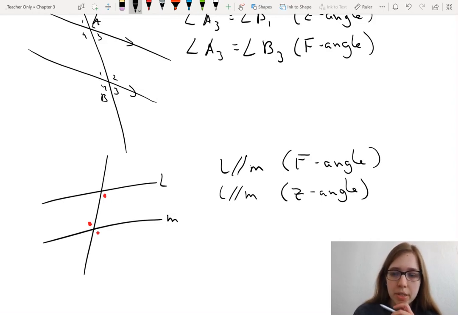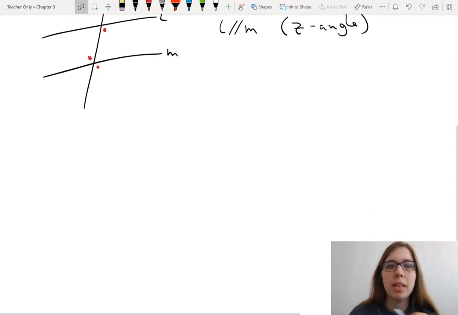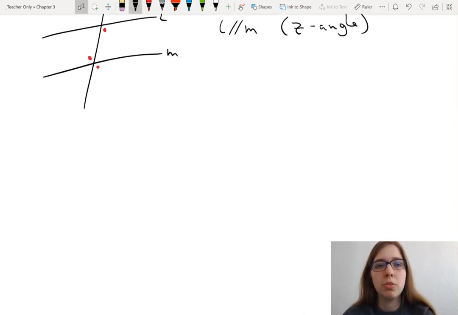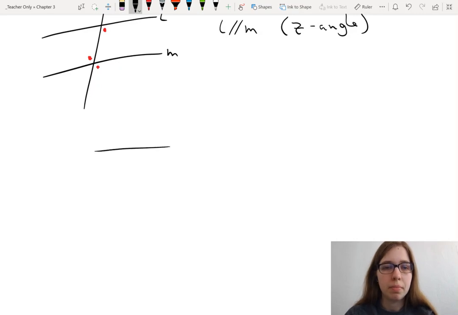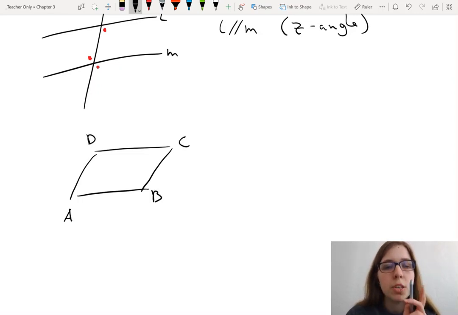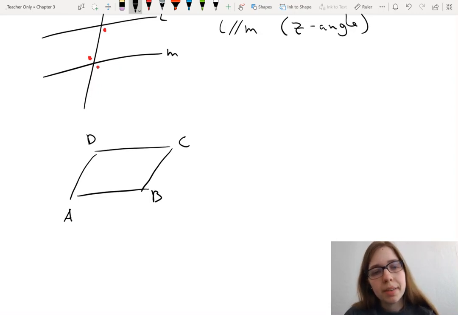Now let's put this to the test in a parallelogram. We've got lots of parallel lines there, so we should be able to use these rules very nicely. So suppose I have my parallelogram A, B, C, D. And you might remember that opposite angles in a parallelogram are equal.